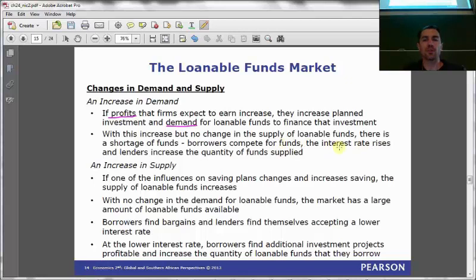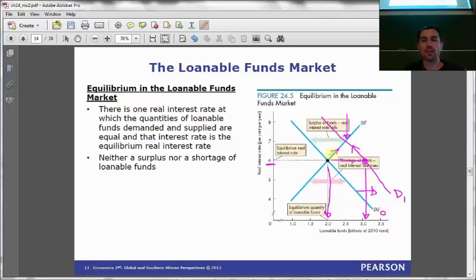What happens? The interest rate rises and lenders increase the quantity of funds supplied. So as interest rates rise, quantity supplied increases and quantity demanded decreases until we end up at a new equilibrium, and our new equilibrium would correspond with a higher new equilibrium interest rate.